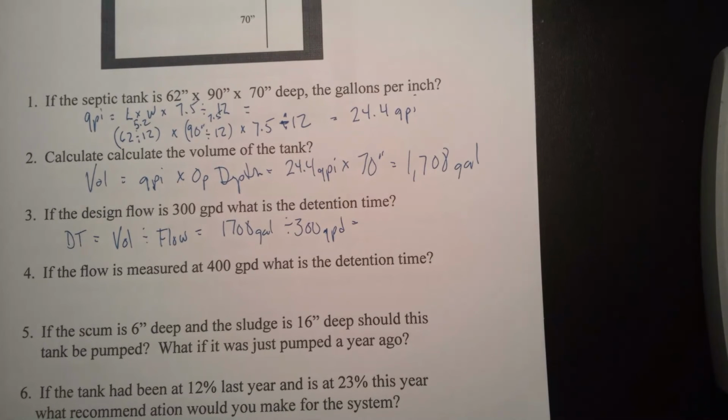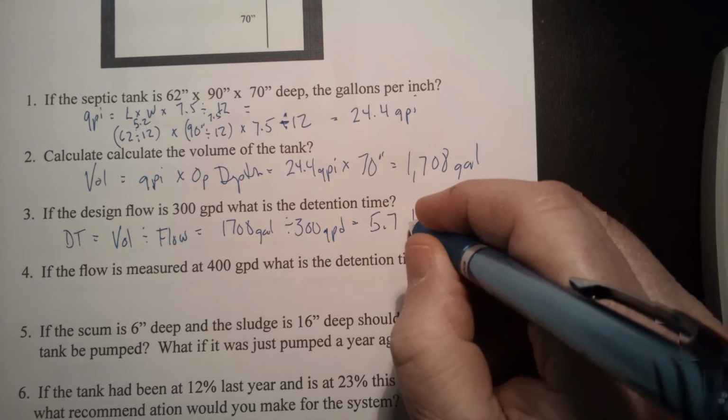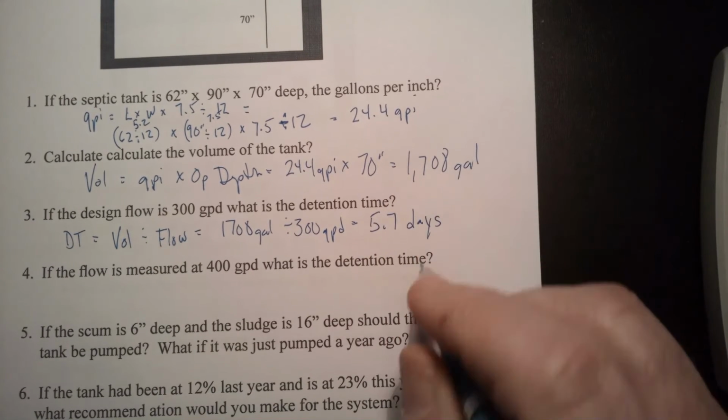So 1,708 divided by 300 is 5.7 days, which is a plenty big tank.